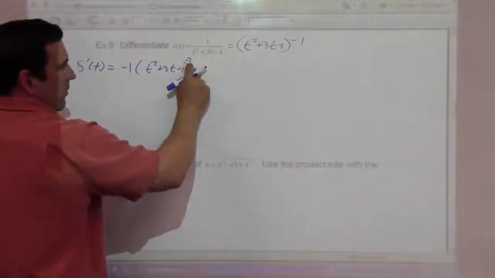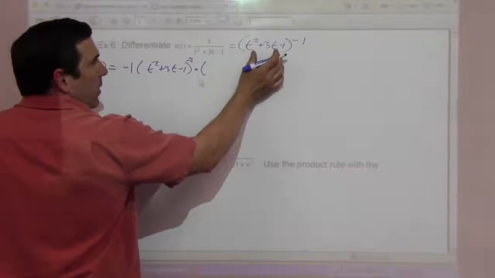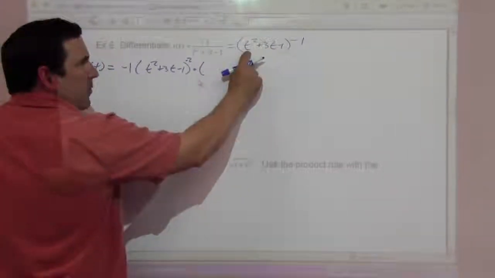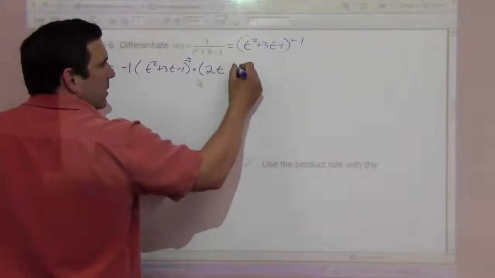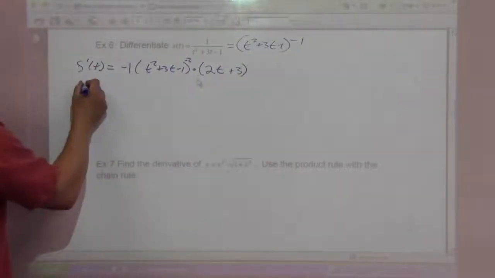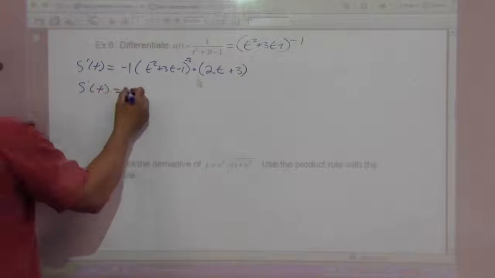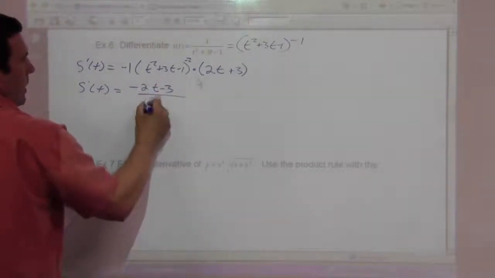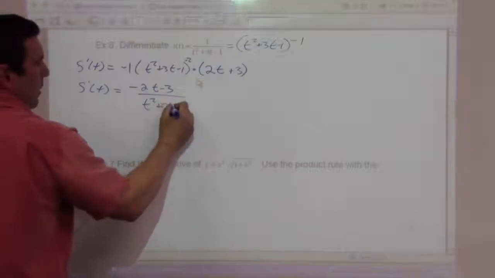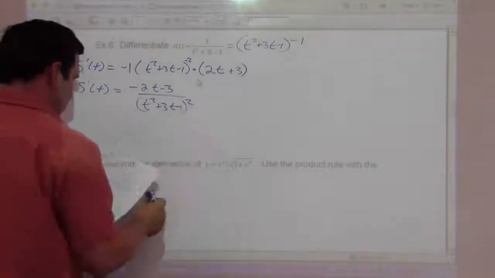Negative 1 minus 1 is negative 2. Times the derivative of what's inside. The derivative of t squared is 2t, and the derivative of 3t is just 3. So s prime of t is negative 2t minus 3 over t squared plus 3t minus 1 quantity squared.